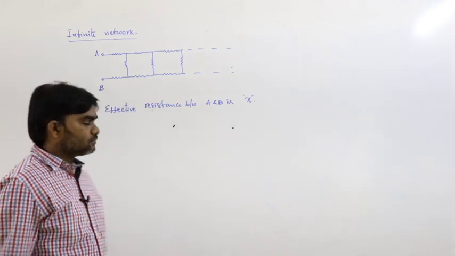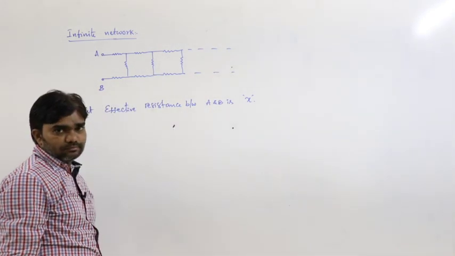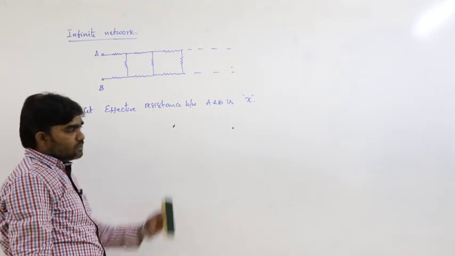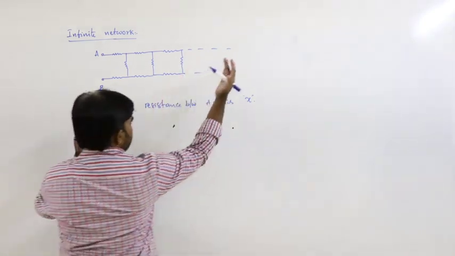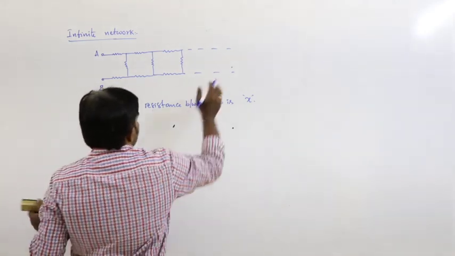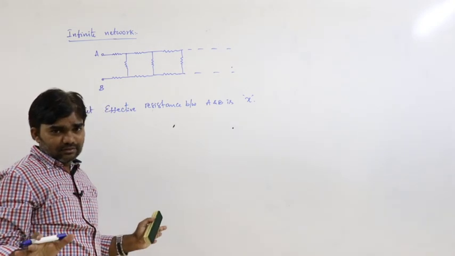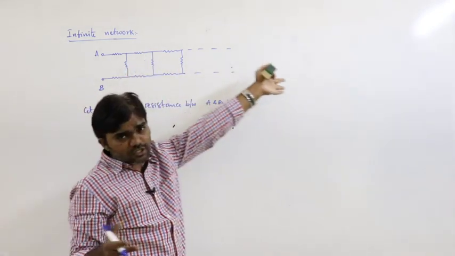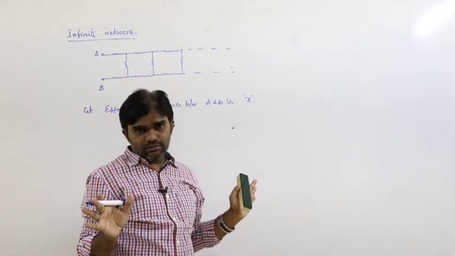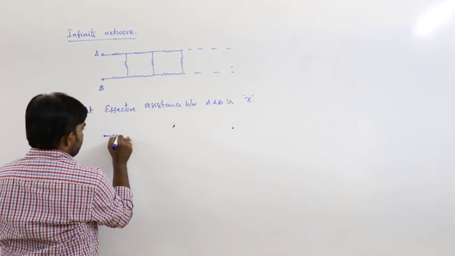Listen. So we are coming from back to front. So we can solve this problem from back to front. See here, this is an infinite network. So we don't know how many branches are like this. So for that purpose, see here what I am considering.